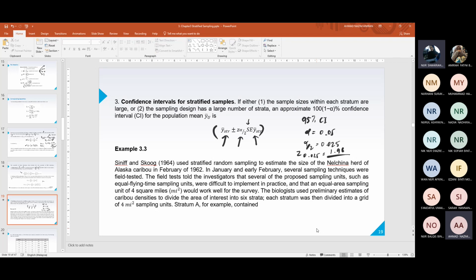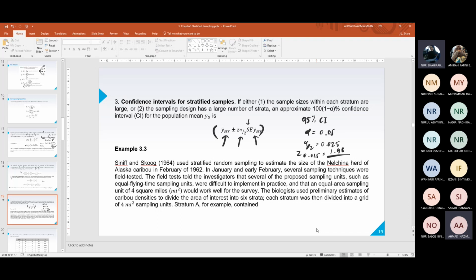The field tests told the investigators that several of the proposed sampling units, such as equal-flying-time sampling units, were difficult to implement in practice, and that an equal area sampling unit of 4 square miles would work well for the survey. The biologists used preliminary estimates of caribou densities to divide the area of interest into 6 strata. Each stratum was divided into a grid of 4 square mile sample units.